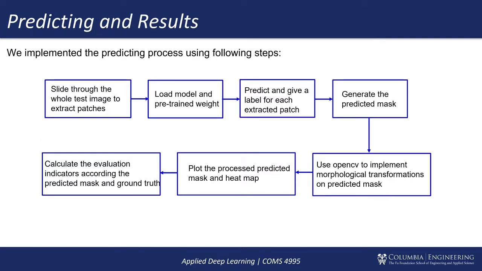In the predicting phase, we need to slide through the whole test image to extract patches and predict their labels. We first load the model and pre-trained weights, and then we predict and give a label for each extracted patch. We generate the predict mask, and for better results, we use OpenCV to implement morphological transformations on the predict mask. We then plot the processed predict mask and heat map and calculate the evaluation indicators according to the predict mask and ground truth.